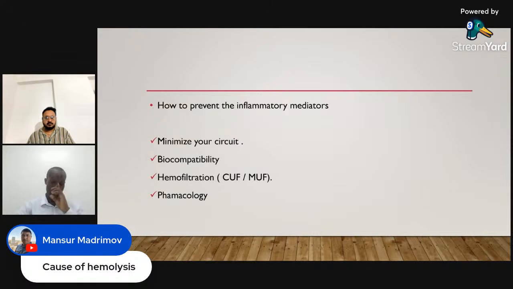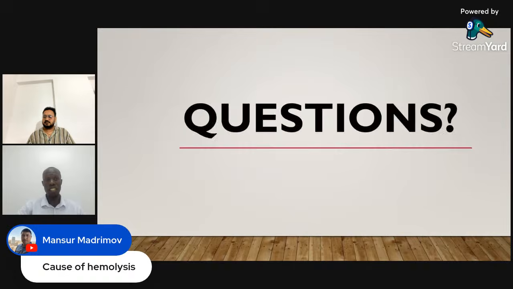So the question is causes of hemolysis. Sorry, I read hemostasis. I'm very sorry for that. So, hemolysis, there are some things that can lead to it. Number one is over occlusion. Another thing is your suckers.